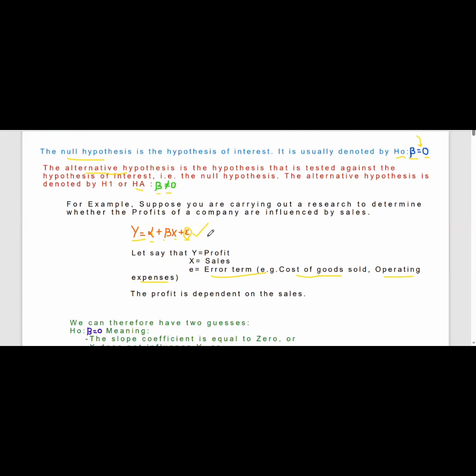If we have more cost of goods or more operating expenses while sales are constant, the company may not realize a profit. That is why we put the error term in the regression model, to account for other factors that may influence the profits apart from the sales.